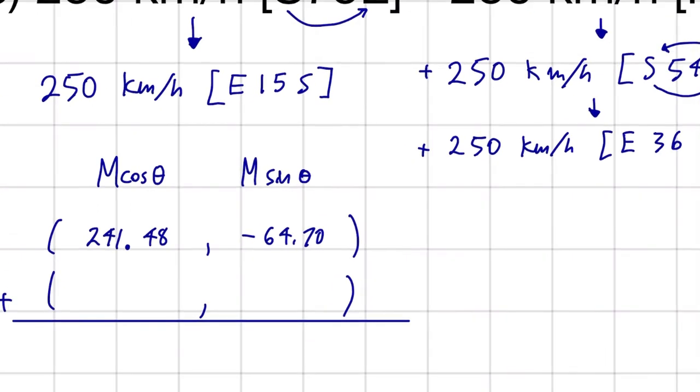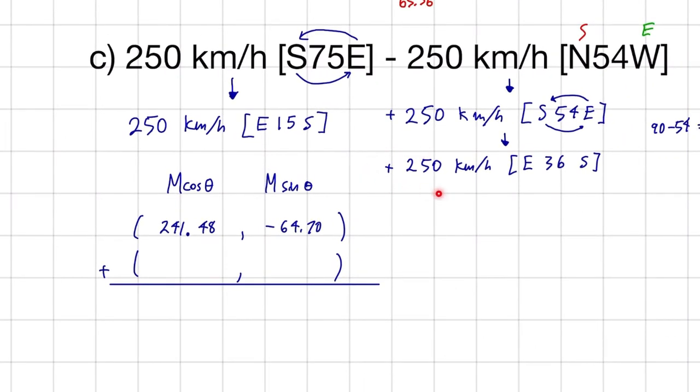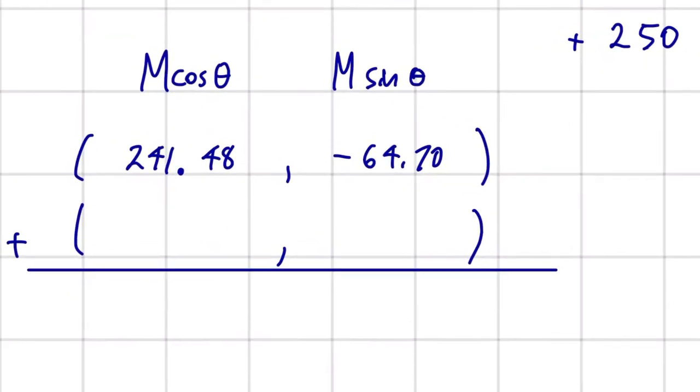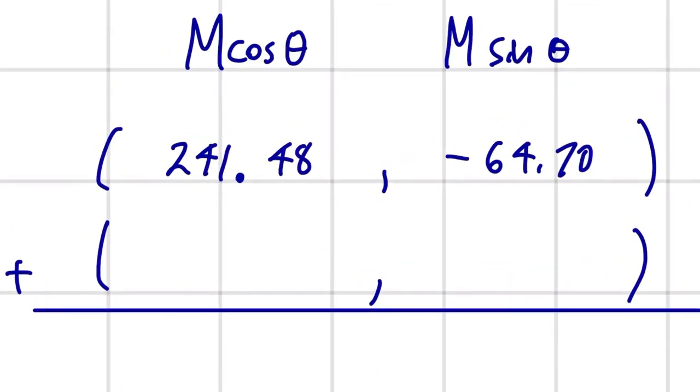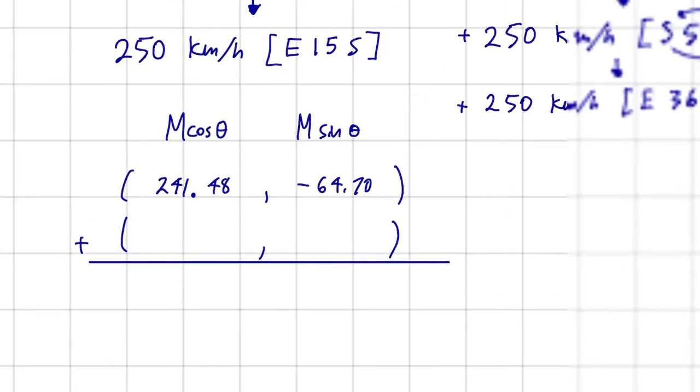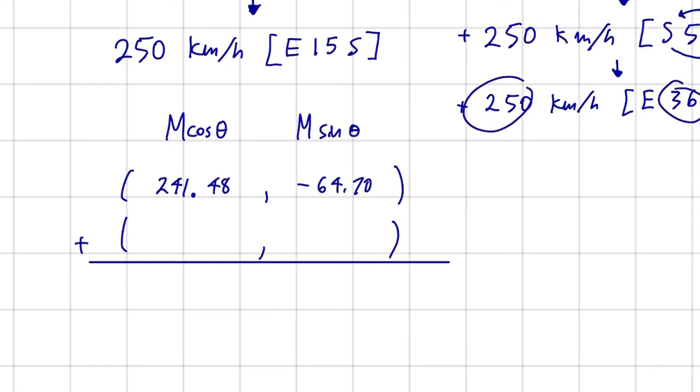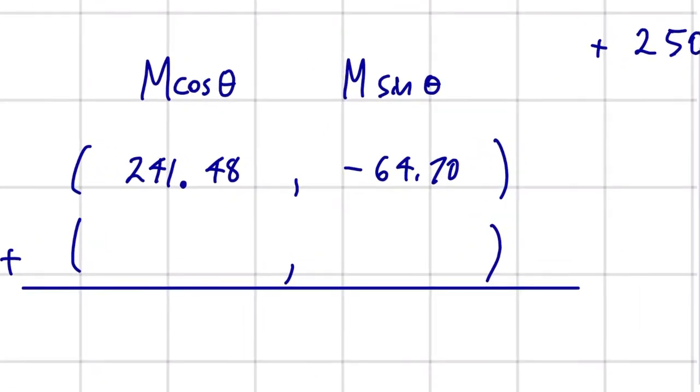All right, let's do the last vector now. 250 is our magnitude. And then the angle is 36. So for the x direction, 250 multiplied by cos 36 is equal to 202.25.